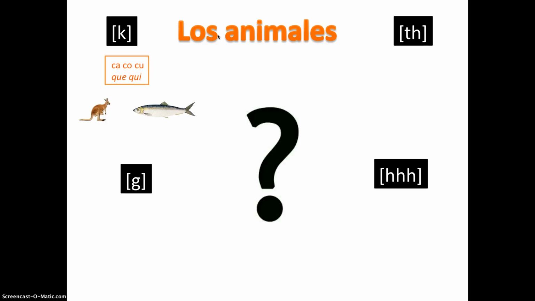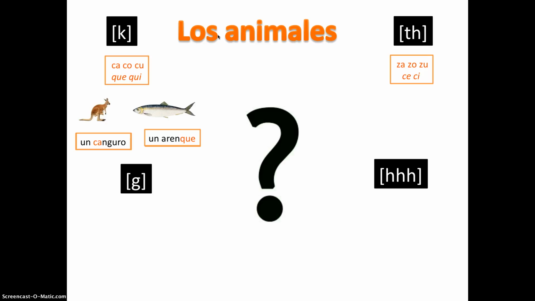Here are 2 of our animals. So the first one then, canguro. How are we going to spell that? With a C or a QU? Yes, with a CA, so un canguro. And the herring, or un arenque. Work out the spelling. Ready to check it? Un arenque. Good.